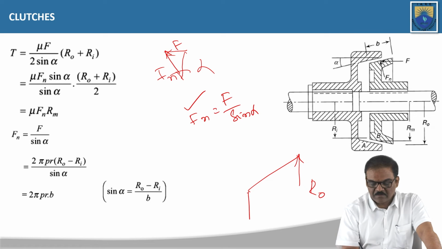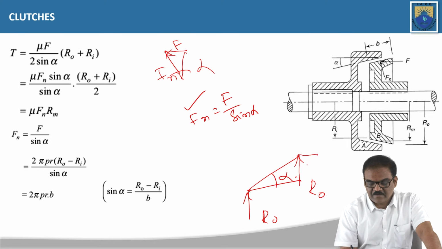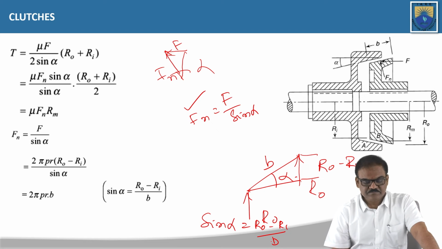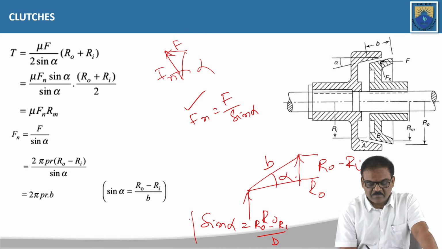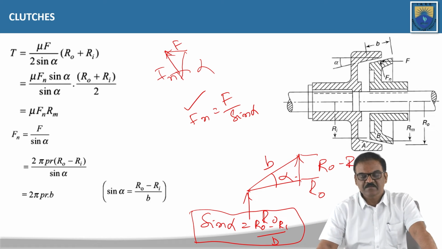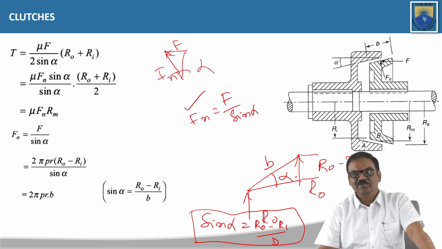when you consider R outer, R inner, and this is the alpha, and this height is R naught minus Ri, and this is B. Sin alpha is equal to R naught minus Ri by B. Okay, this is how we are going to get it, where B is the design width of the lining that we have to determine.